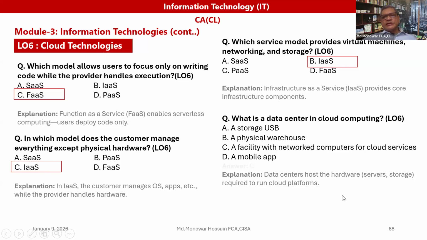In cloud computing, a data center is a facility with networked computers for cloud services. Data centers host the hardware, servers, and storage required to run the cloud platform. Answer C.